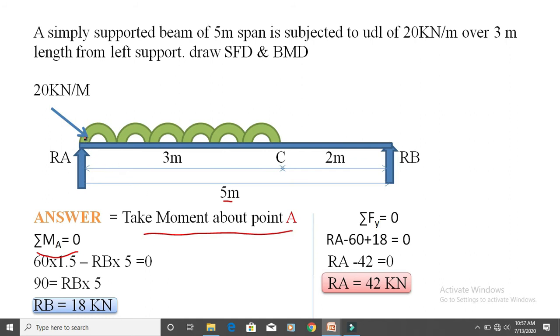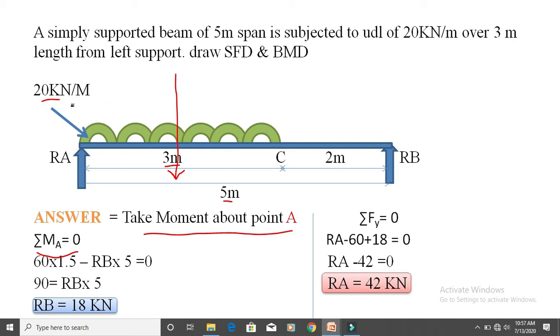We know the UDL value is 20 kilonewton per meter. This UDL value is converted into a point load, here 20 into 3. 20 into 3 is 60. Like here, draw the point load, which is acting at the center of the UDL.